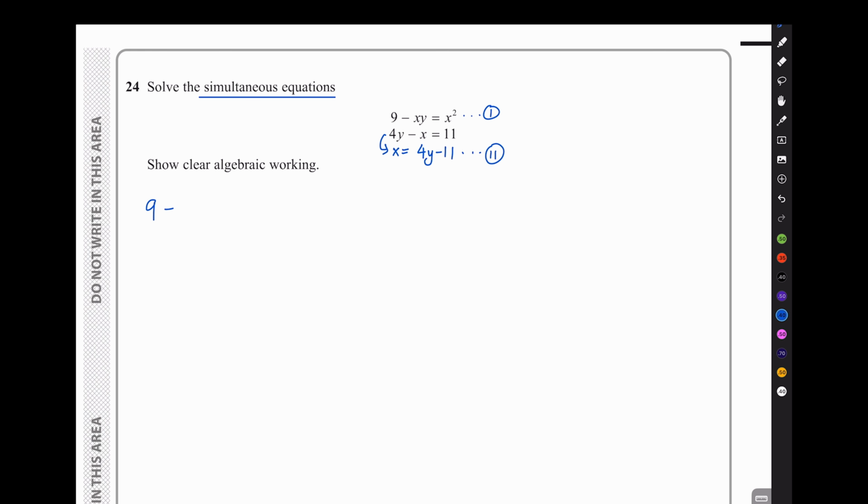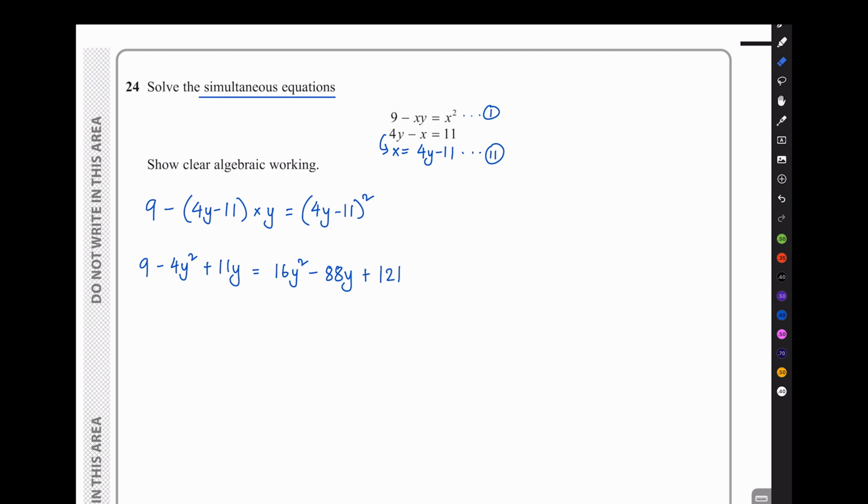So 9, and instead of x, I should write 4y minus 11, and then multiplied by y equals x squared. So instead of x, I have to write 4y minus 11 squared. So 9 minus 4y squared plus 11y equals 16y squared minus 88y plus 11 squared is 121.